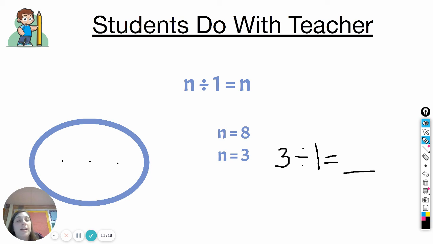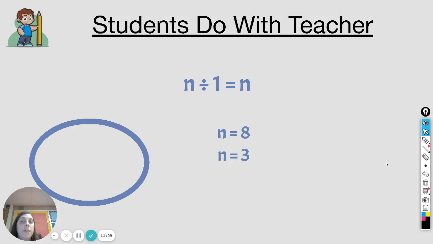Okay, 3 dots divided into one group equals 3 dots per group. So 3 divided by 1 equals 3. Go ahead and erase those whiteboards.